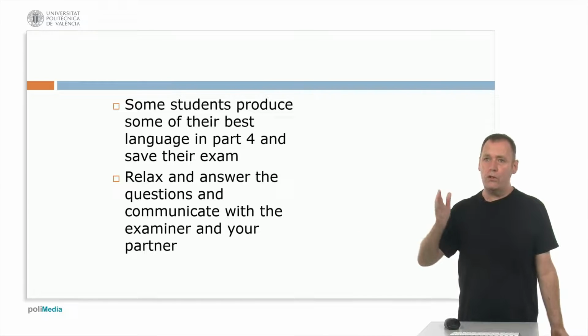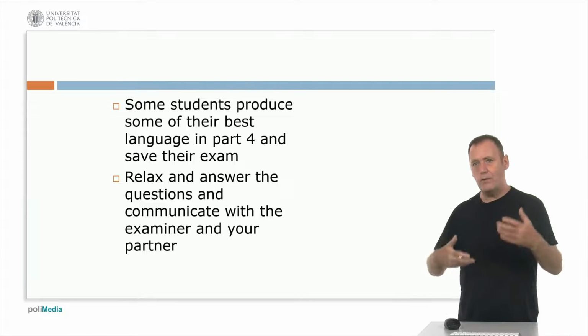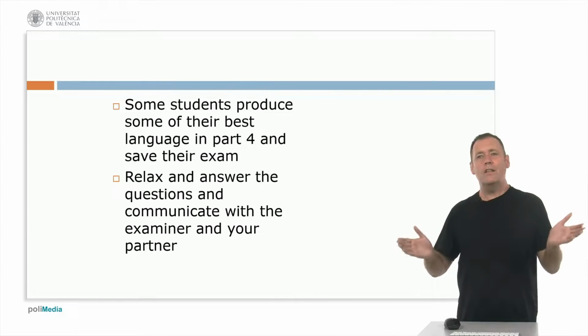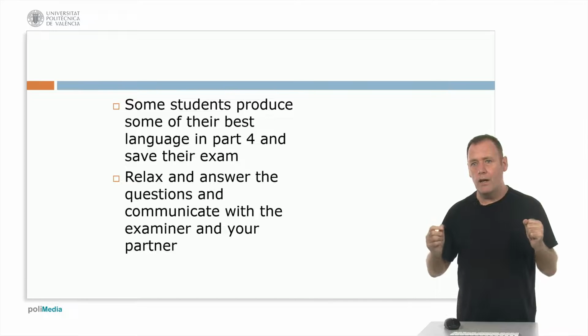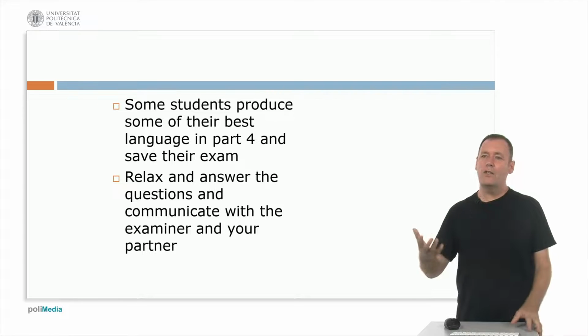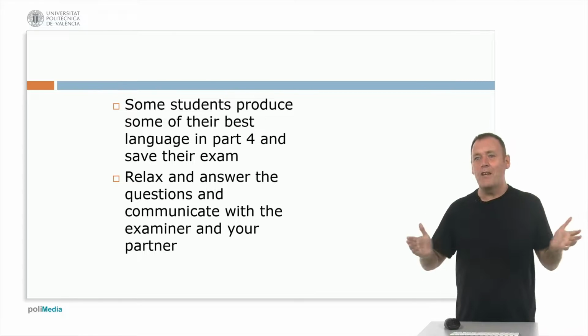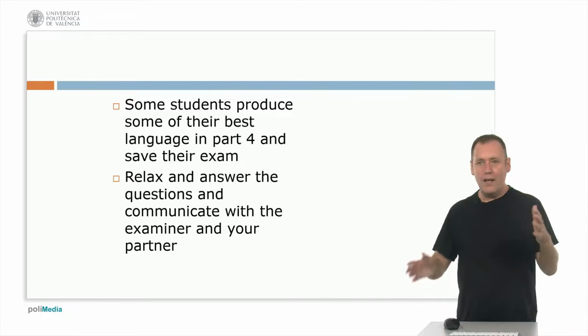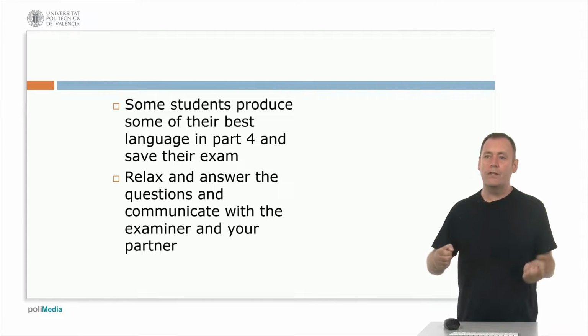So if you do a good part 4, and you're able to explain your answers and give opinions, they say, oh yeah, they really do have a good B2 level, and you can, what we call, save the exam. You need to do reasonably well throughout the exam, of course, but you can have parts which didn't go as well as others.